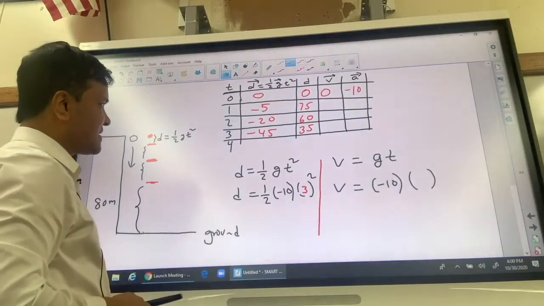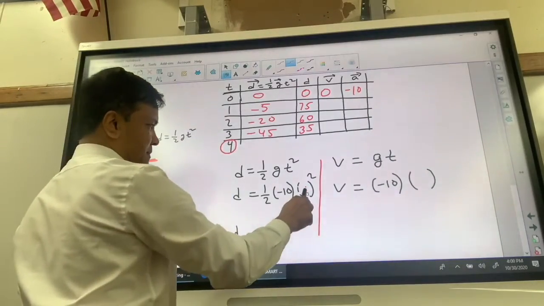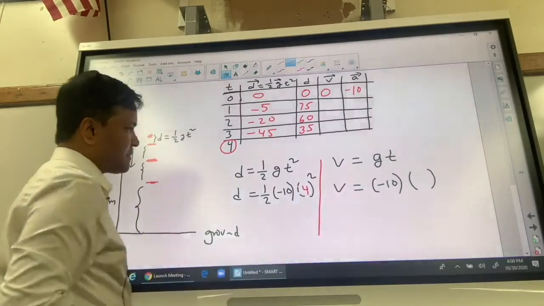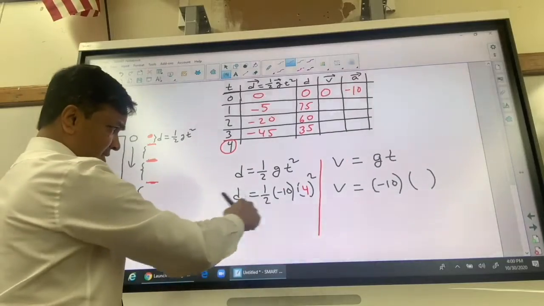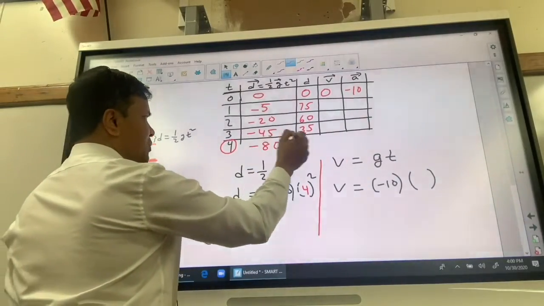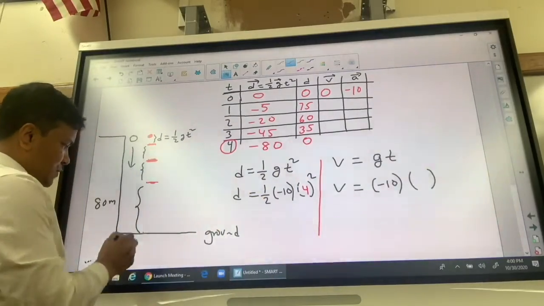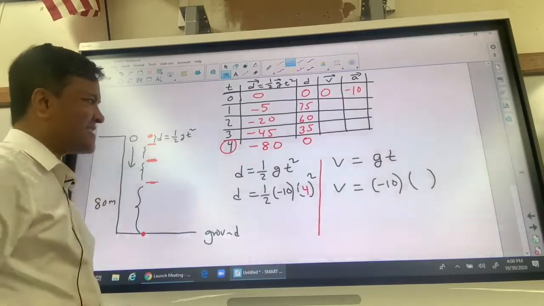As simple as that. Now we're going to put 4 over here. Now we get negative 80. So the ball is 0 meters above the ground. So the ball is right here. So it matches what we said.